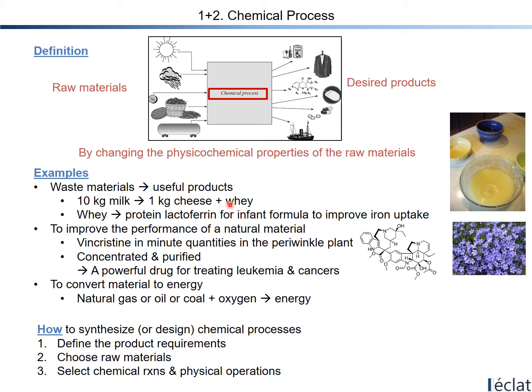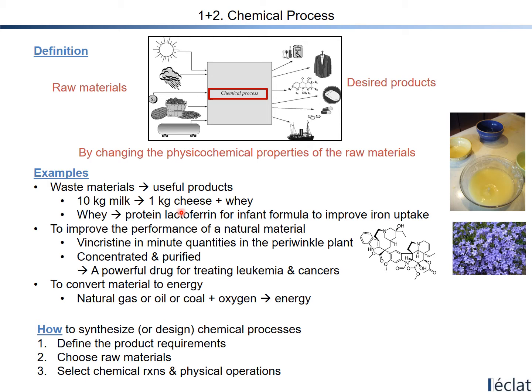However, we can find a very valuable protein in whey. That is lactoferrin, and lactoferrin is used for infant formula to improve iron uptake. So by using the whey, we can make a very valuable product, lactoferrin. Of course, in this case, we need to have a chemical process.